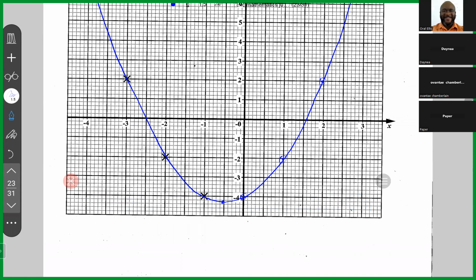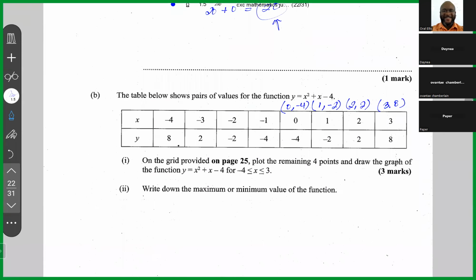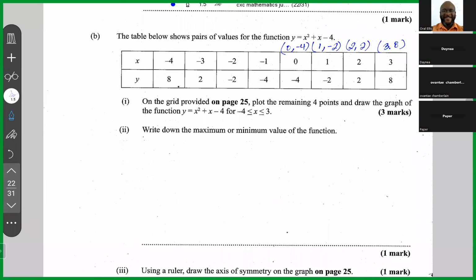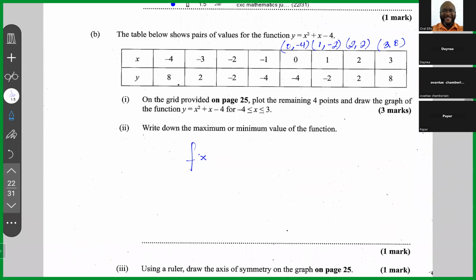Each of these minor divisions here is 0.2. So this looks to me like it's minus 4.3. So for me, I would say f of x min, the minimum value of the function, is minus 4.3.